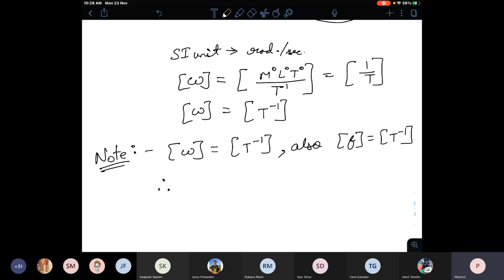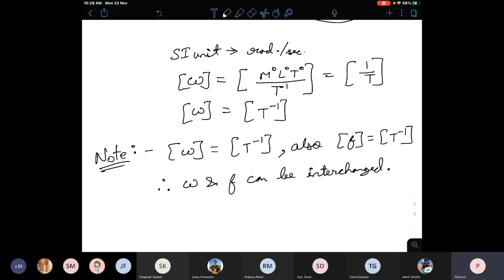Therefore, omega and f can be interchanged as and when required. Depending on the motion of the particle, if it is circular motion, I will say angular velocity. If it is SHM, I will say angular frequency, because its dimension is similar, T minus 1. Hope it is clear.